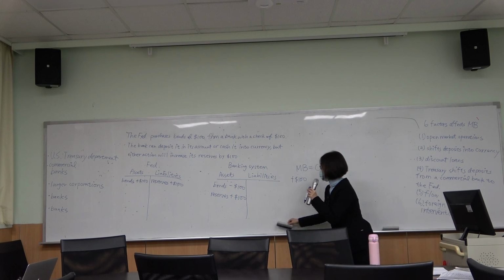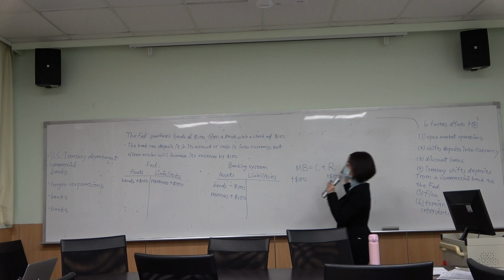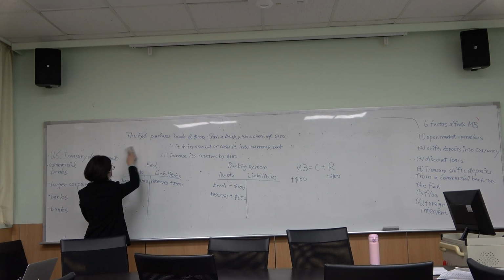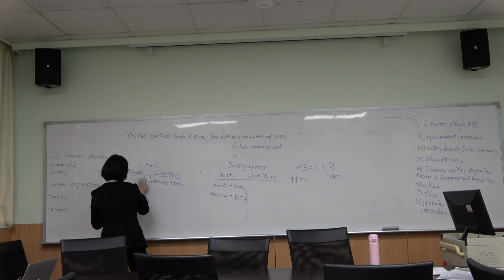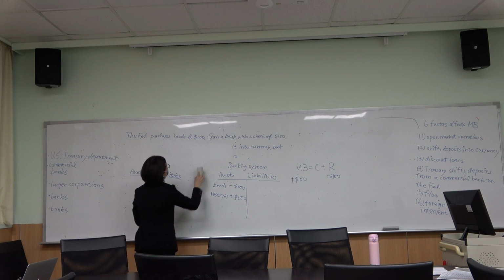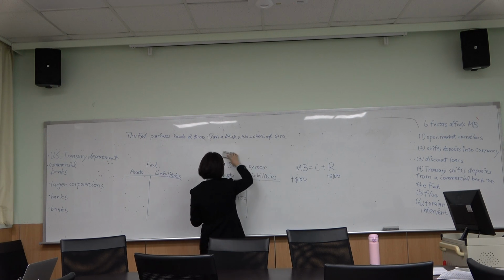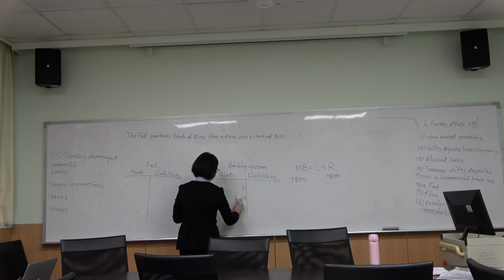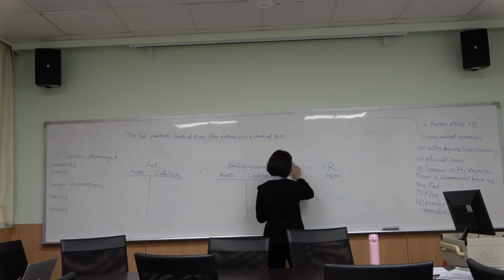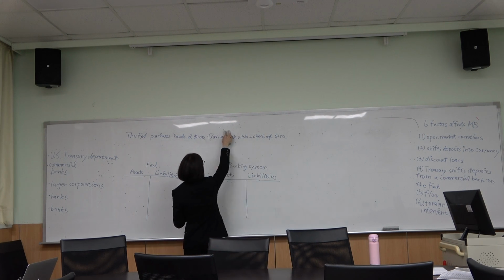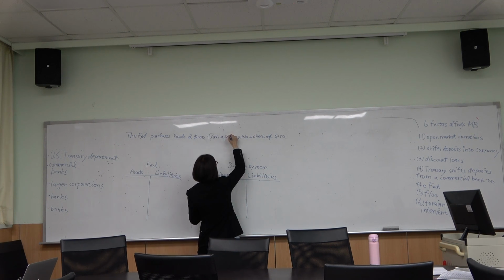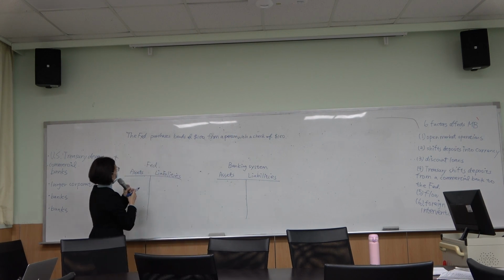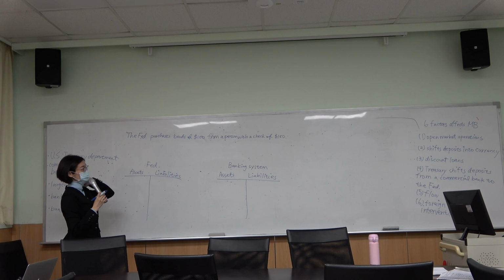In that case, we assume that the Fed purchases bonds of $100 from the person or from the business with a check of $100.